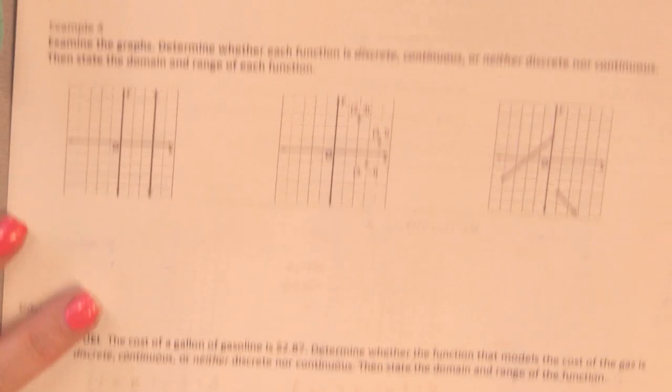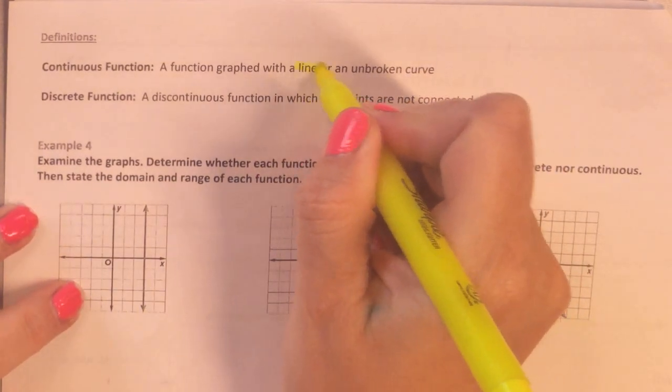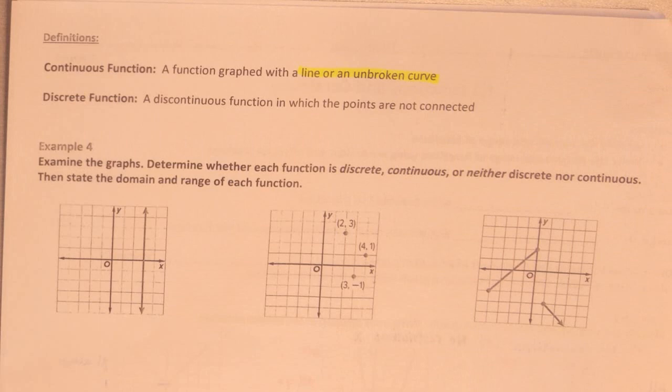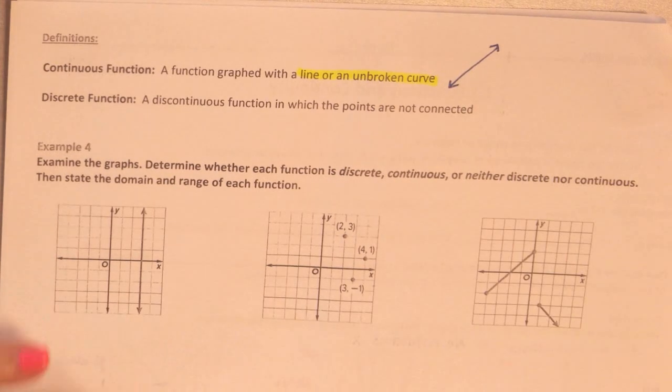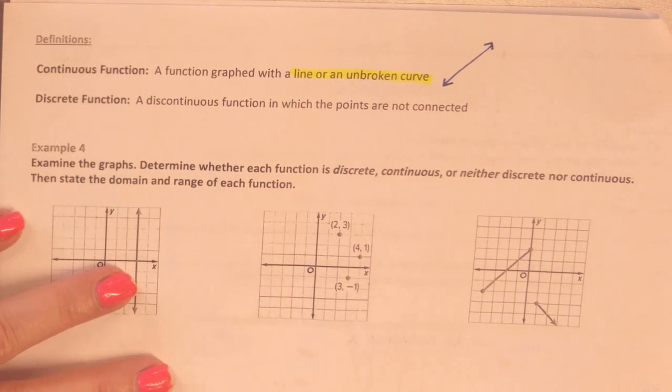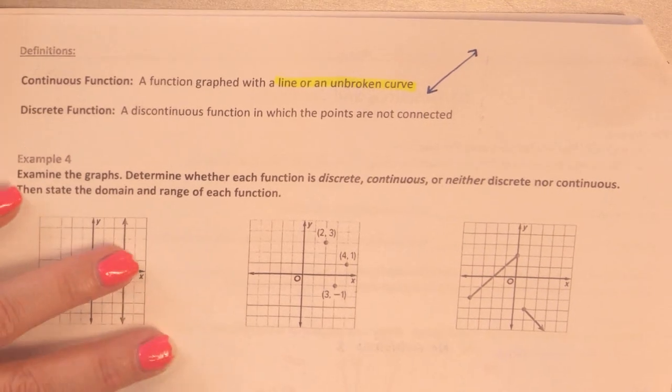Okay, so we're going to talk about functions that are continuous and discrete. If a function is continuous, it means that the line or the curve is unbroken. These are very common graphs that you have seen before, like in Algebra 1. Can you tell me the name of the function family?